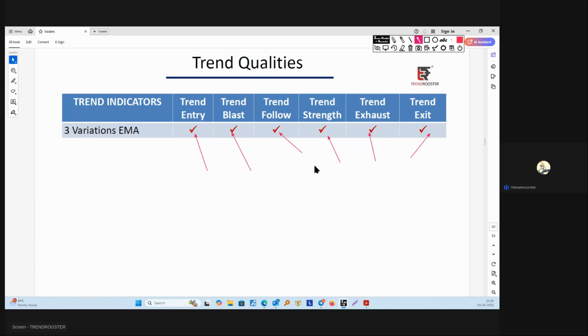I'm going to prove how this 3 EMA variation or 4 EMA variation will give you all these properties. You're surprised by this, right? Just 3 EMAs, how is that going to give you all the tick boxes? Are you surprised? No? Okay, let's move on.